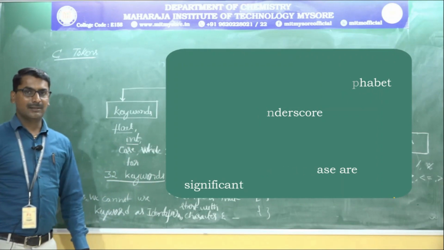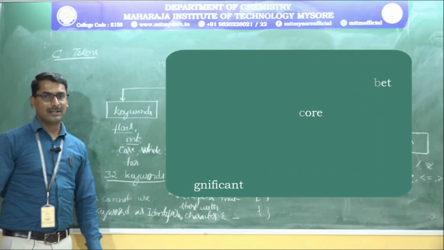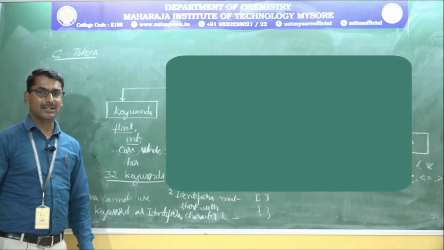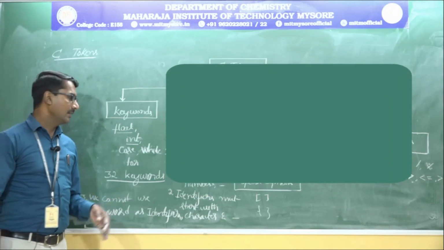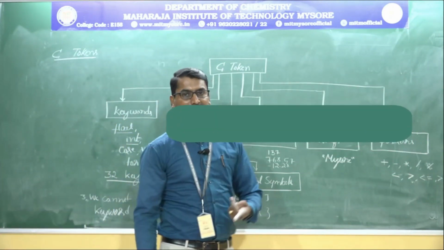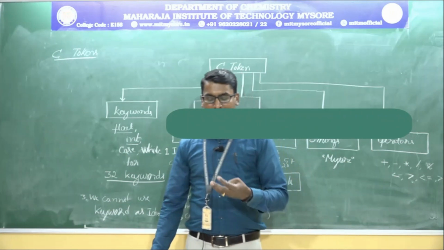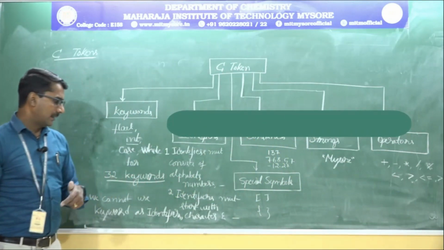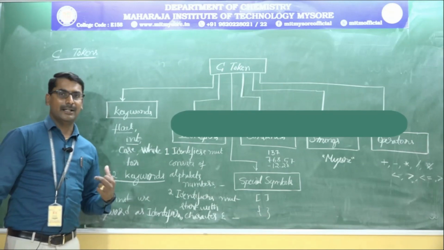These are the rules we need to follow when defining an identifier. I'll repeat again. The identifier must consist of characters, numbers and underscore. It must start with a character or underscore.